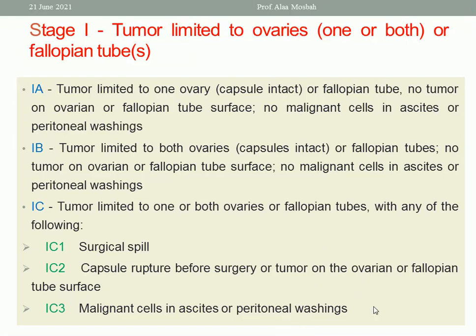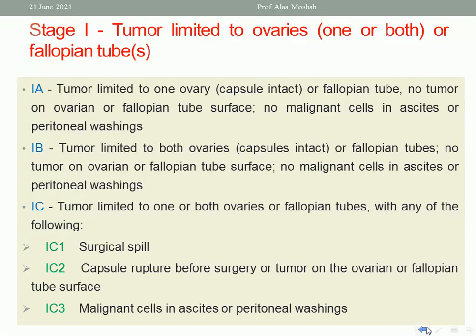Stage 1A, tumor limited to one ovary, capsule intact, or fallopian tube, no tumor on ovarian or fallopian tube surface, no malignant cells in ascites or peritoneal wash. 1B, tumor limited to both ovaries or fallopian tubes, no tumor on ovarian or fallopian tube surface, no malignant cells in ascites or peritoneal wash. 1C, tumor limited to one or both ovaries or fallopian tubes with any of the following.